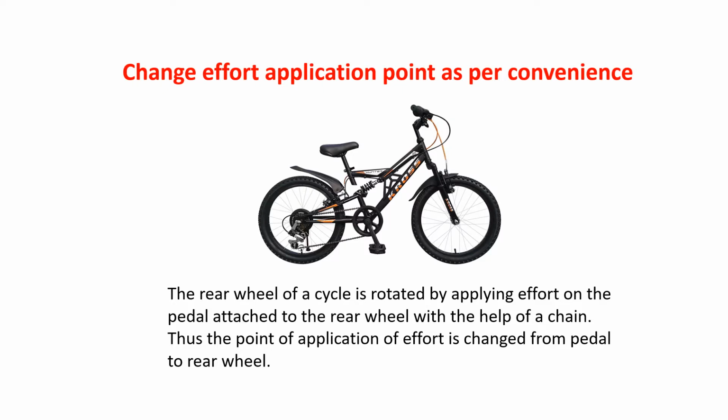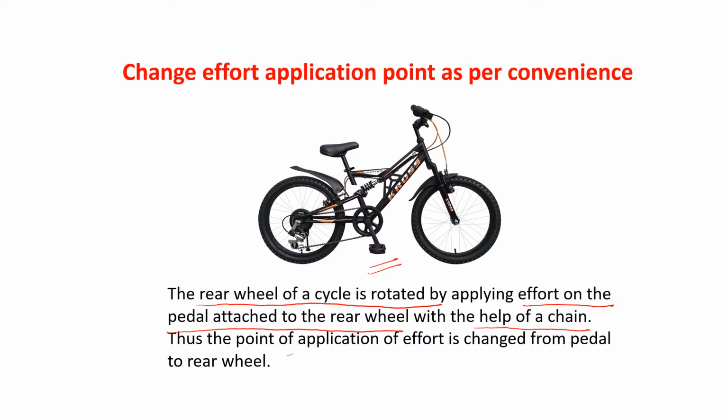Next is change of effort application point as per convenience. That is the second use of a machine, as I told you in the last slides. The rear wheel of a cycle is rotated by applying effort on the pedal attached to the rear wheel with the help of a chain.